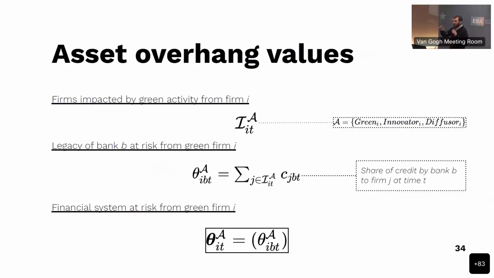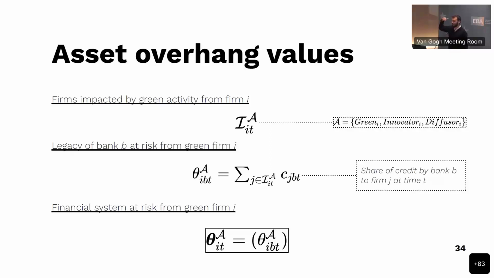All right, and so the strategy is simply going to be that for any green firm i, we construct a list of firms, which is this big I here, which are all the firms exposed in any way to the activity of this firm because of performance or collateral. Using this vector, for each bank, we construct a measure theta, which is going to be our asset overhang measure, which is the legacy of bank b that is at risk because of the activity of firm i. Right?